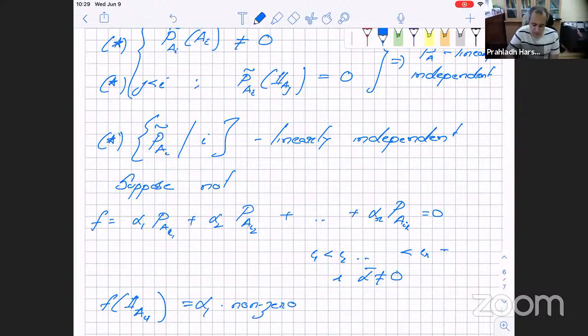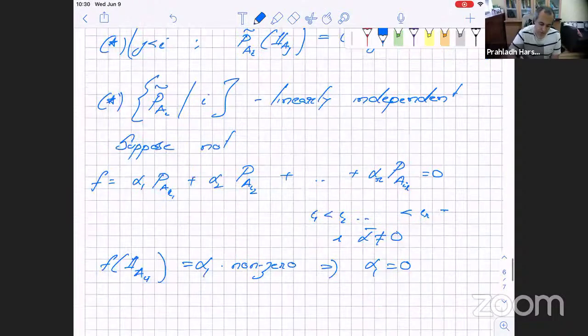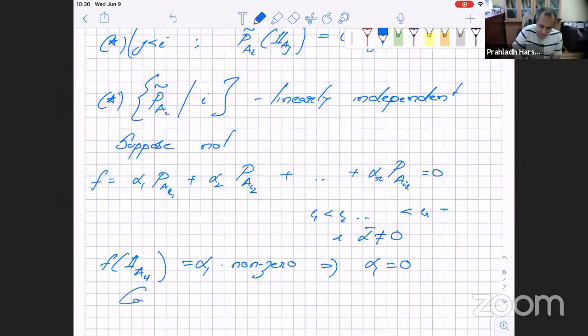But because f is 0, this will force alpha 1 to be 0. Now start with the next one, alpha 2. You will get that alpha 2 is 0. You keep doing it one after another, and all of the alphas will be forced to be 0. That will imply alpha bar is 0, which is a contradiction.